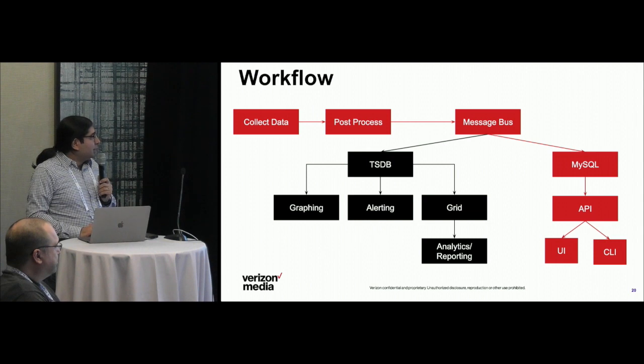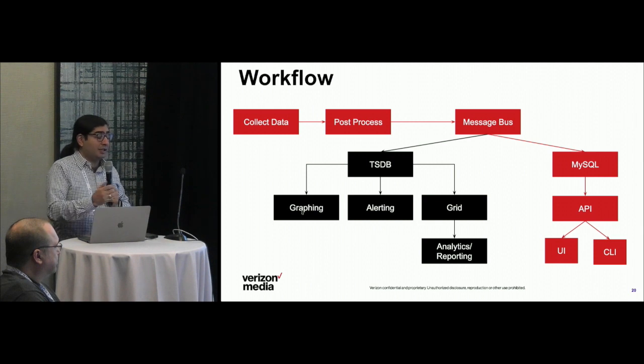Once we do this, we place the data on the message bus, and then we have multiple downstream consumers. We have a time series database consumer, which in the open source case is InfluxDB, and you can set up alerts on that also. Internally, we use OpenTSDB, and we also send the data to a Hadoop grid for batch analytics.